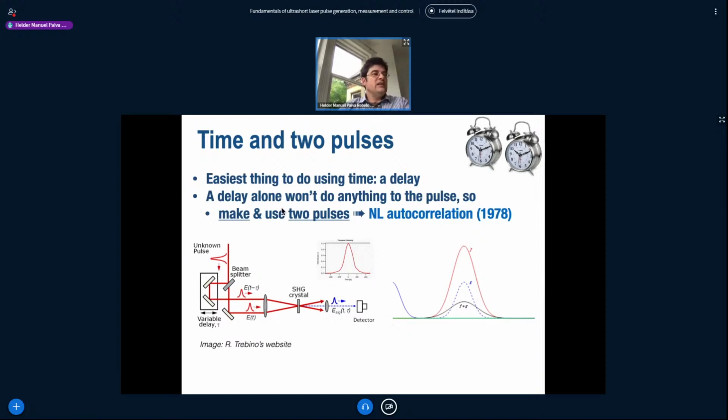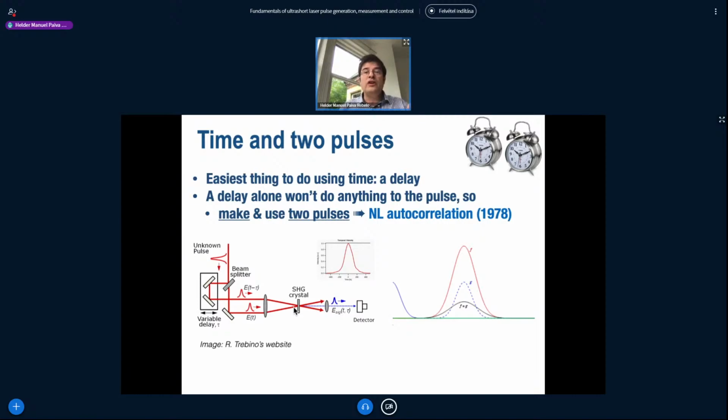So essentially, the first technique used to measure pulses was based on creating a replica of a pulse, so 2 replicas if you like, and then using nonlinear optics to produce a signal which is proportional to the overlap of the pulses in time. Okay, this is something that you get with nonlinear optics. You can have a phenomenon which depends on the temporal overlap of the 2 pulses.